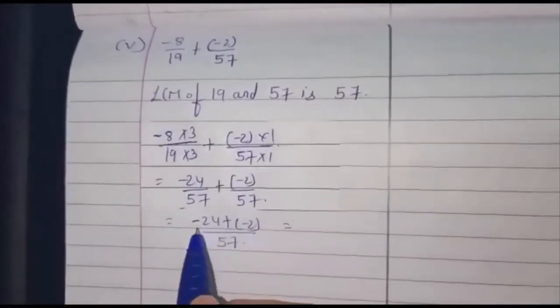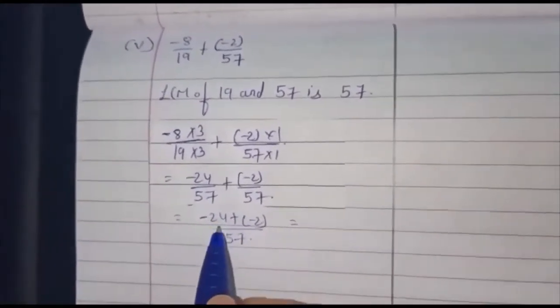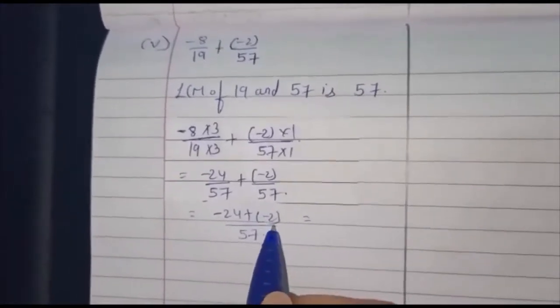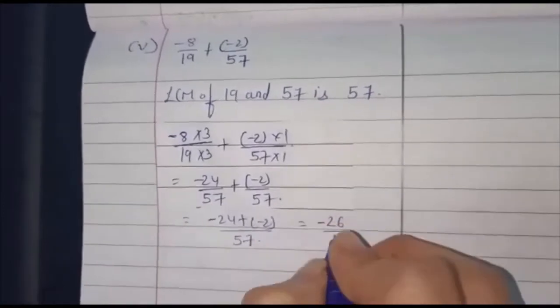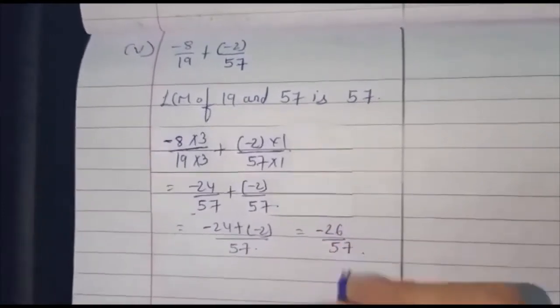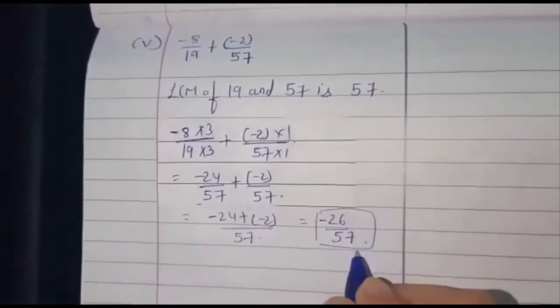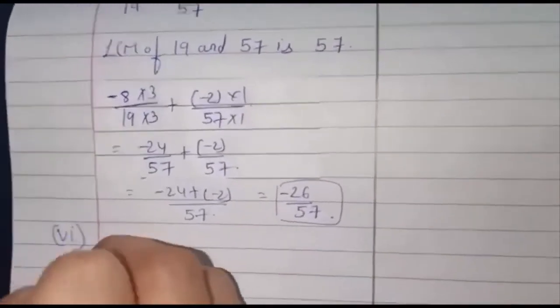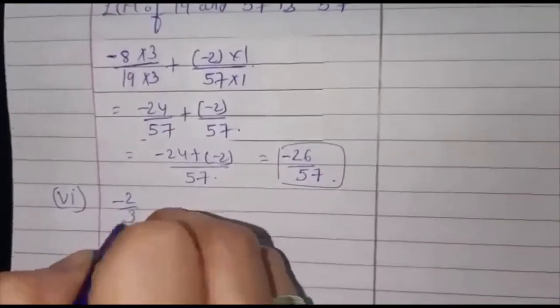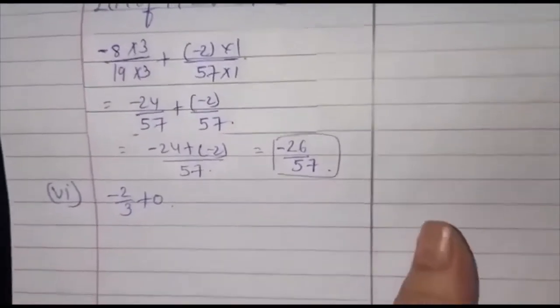Adding minus 24 plus minus 2, we get minus 26 upon 57. So the answer is minus 26 upon 57. Now the sixth number, minus 2 upon 3 plus 0.